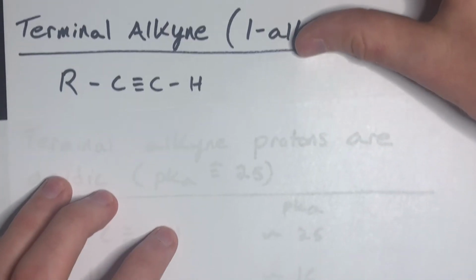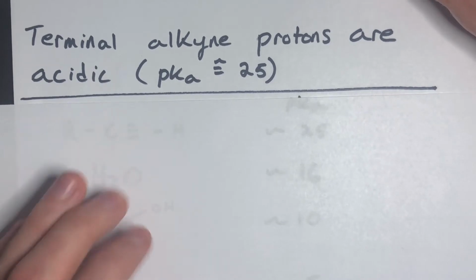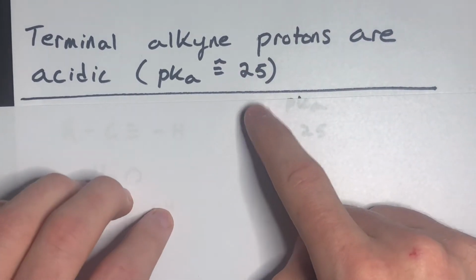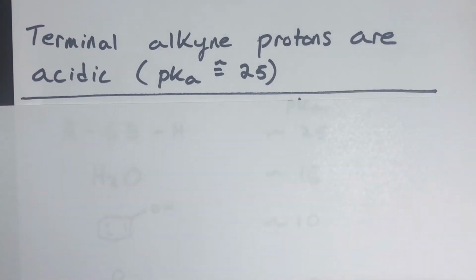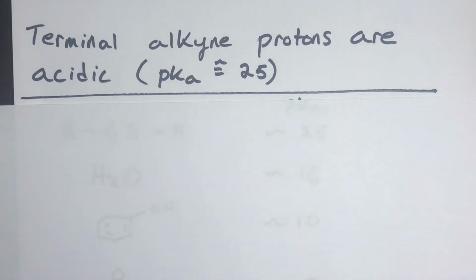The most important property is that terminal alkynes are acidic, with a pKa of approximately 25, which isn't particularly acidic, but there are bases strong enough to abstract this proton, and then once that proton is abstracted, you can do interesting reactions with the resulting product.